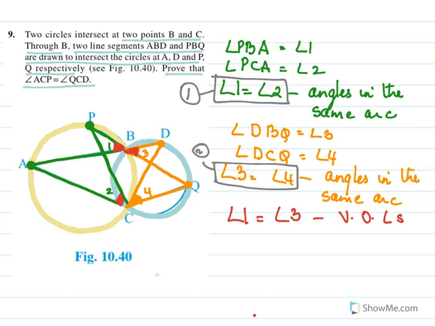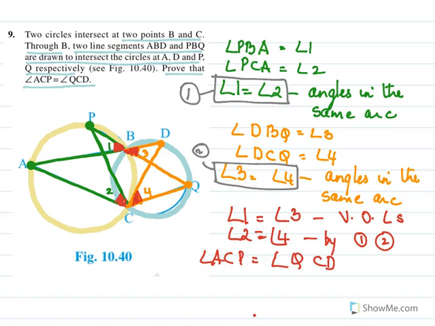We proved this. So angle 2 will be equal to, and we know angle 3 was equal to angle 4. If 1 equal to 2, 1 equal to 3, 3 equal to 4, this is by statement 1 and 2. And angle ACP is equal to angle QCD, and this is proved.